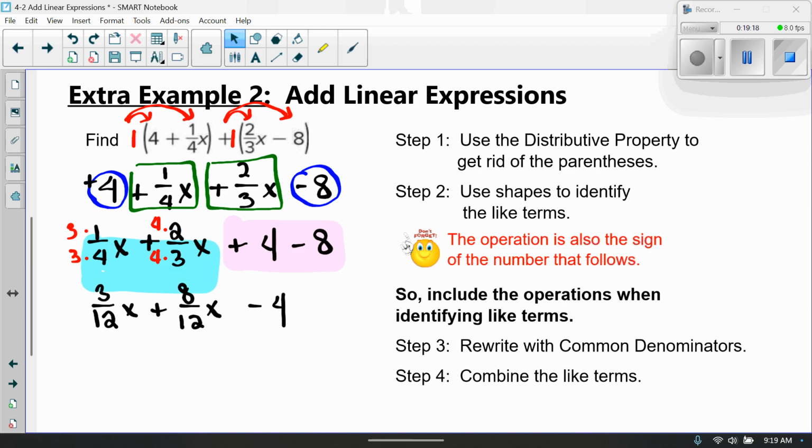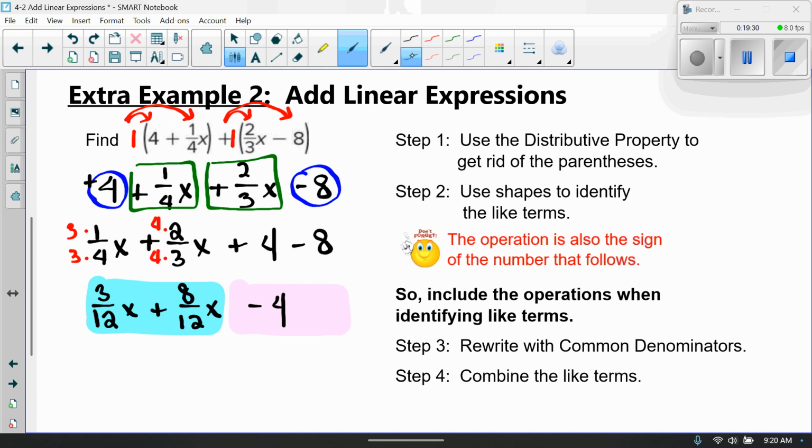So now we're dealing with this, and this one is already done. So now 3/12 x plus 8/12 x is 11/12 x. And then bring down that minus 4. And this is your final answer.